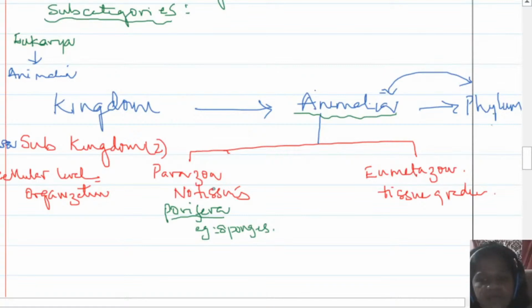In Parazoa, you do not see the tissue grade of organization. The first phylum here is Porifera. So the next one is Eumetazoa.